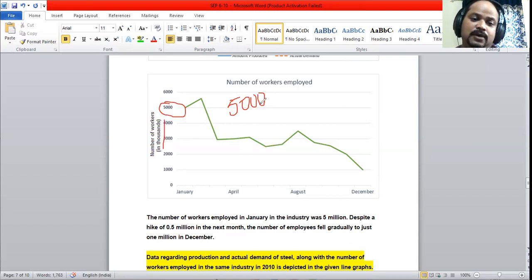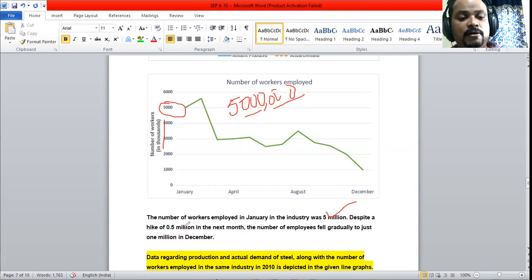Number of workers in thousands. So we need to add in thousands, which means we need to add 3 zeros. So it becomes 5 million. It's not 5,000 actually, it's 5 million. Okay.